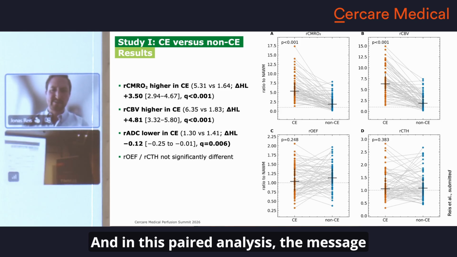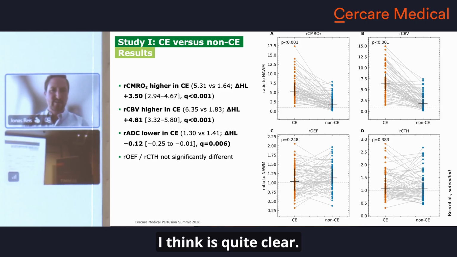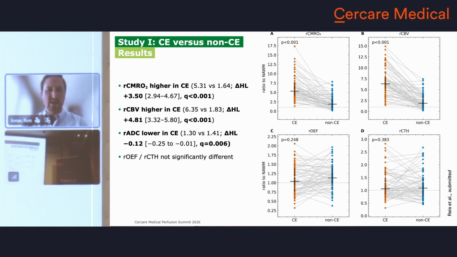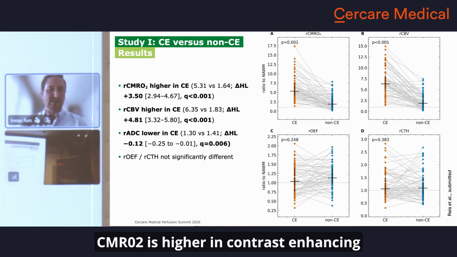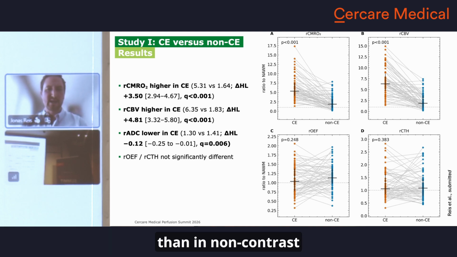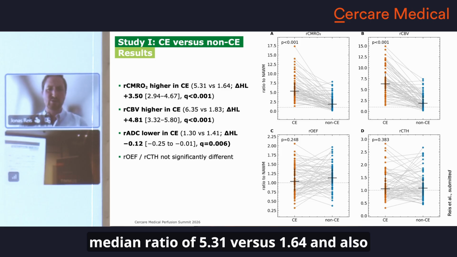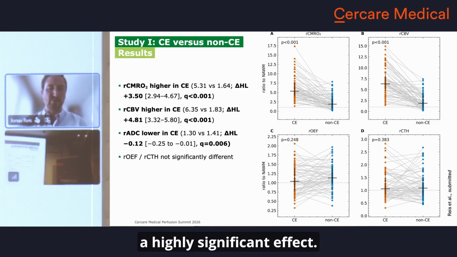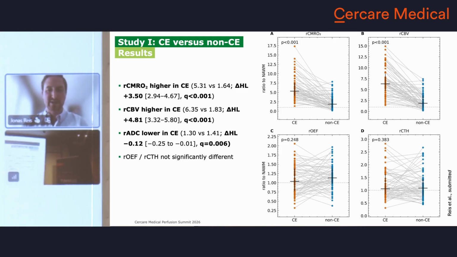And in this paired analysis, the message, I think, is quite clear. CMRO₂ is higher in contrast-enhancing than in non-contrast-enhancing tissue, with a median ratio of 5.31 versus 1.64, and also a highly significant effect.